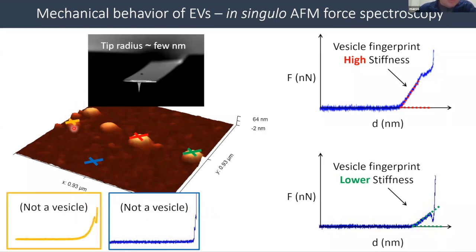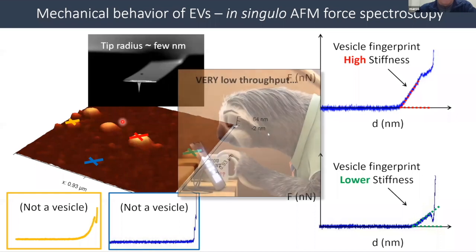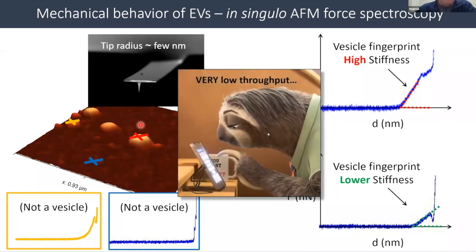And if you indent on a globule which is not distinguishable from EVs on the basis of size or shape, you can tell by indenting it that if it does not have that linear increase in force, it does not have a stiffness, it probably is not an intact vesicle. Which is nice, but it's also, as I told you, very, very slow. You probably need 20 to 30 minutes per individual EV to do these measurements. So as you can imagine, it is not something you ideally use in everyday lab practice.